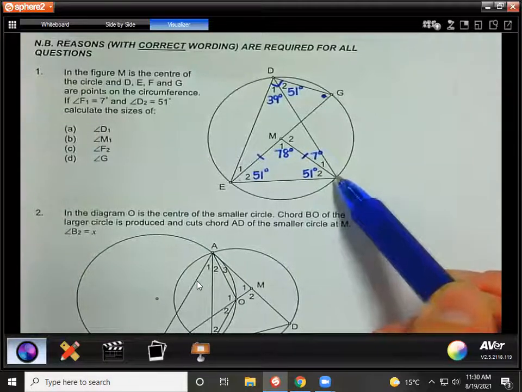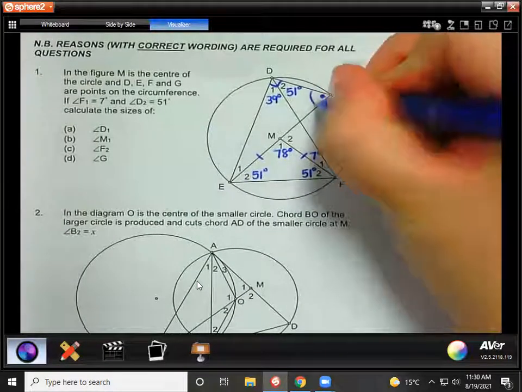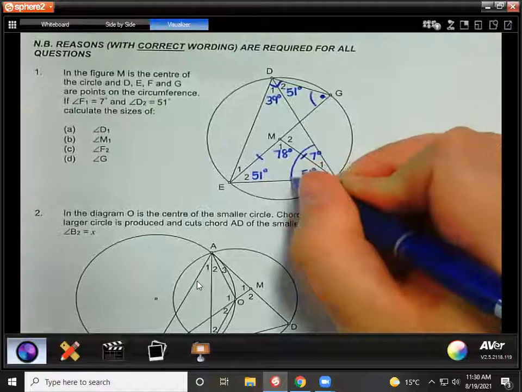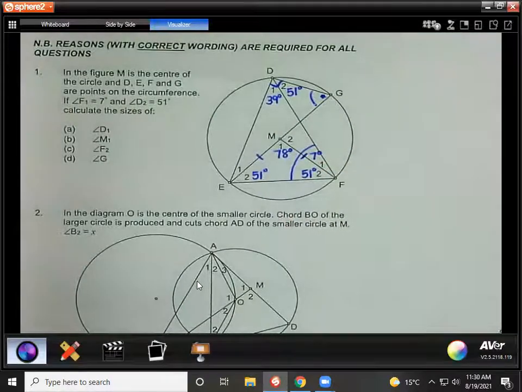Do we notice that? So angle G is going to have to be equal to angle F because of angles in same segment. Right, check, does that make sense? They're both subtended by chord DE. Now what is F altogether, guys? 7 and 51 is 58. So angle G is also going to be 58 degrees.